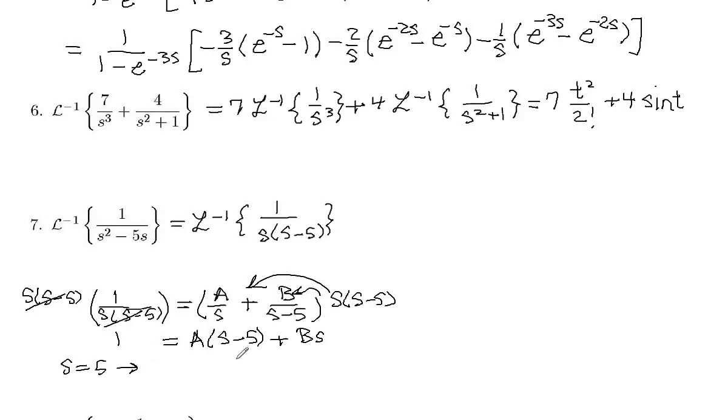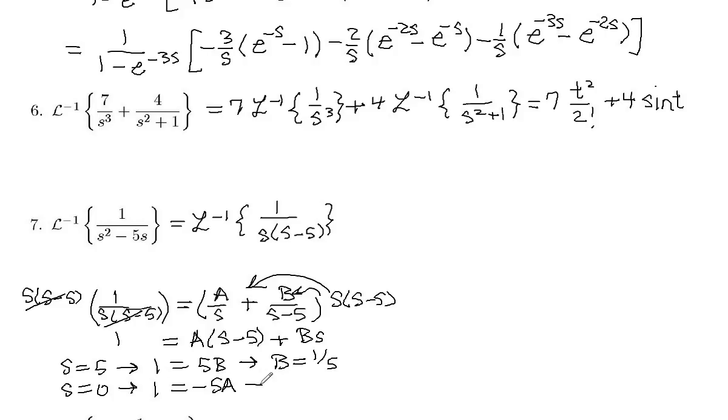So let's see here. S equals 5. Left-hand side is 1. This will drop out, 5 minus 5. This will be 5b. So then b is going to be 1/5. And then plug in s equals 0, the other zero for the denominator. This will be 0 minus 5. So 1 equals negative 5a.